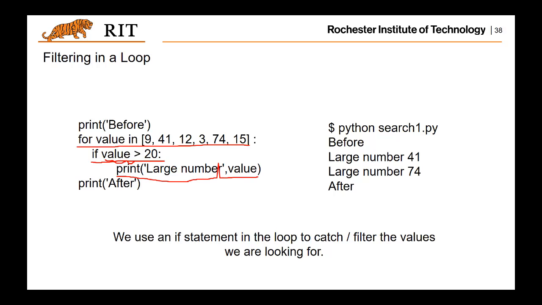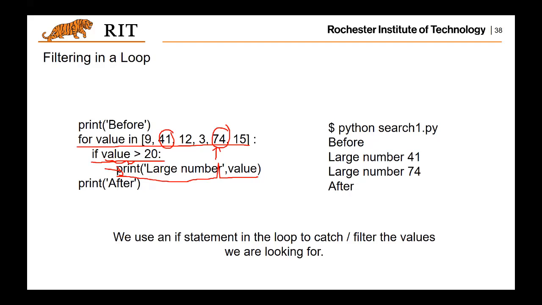In this case, it's printed out. In this case, there are only 2 numbers that satisfy this condition, 41 and 74. When value is 41, this will be printed, and the only other satisfied case is when value is 74. Otherwise, for all other numbers, this will not be printed.